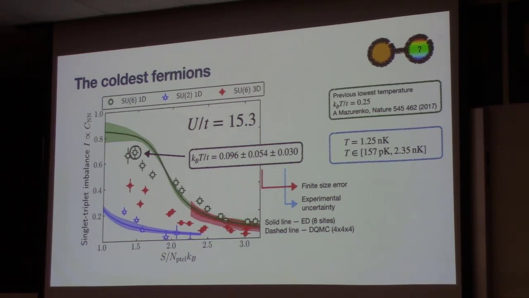If we compare the largest spin correlation that was measured in the experiment with the theory, we can extract that the temperature at which it operates is around 0.1 times the tunneling. And the interesting thing is that the previous lowest temperature in one of these experiments was 0.25. So we are 2.5 times colder than the previous record.